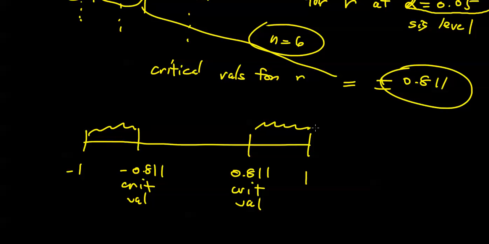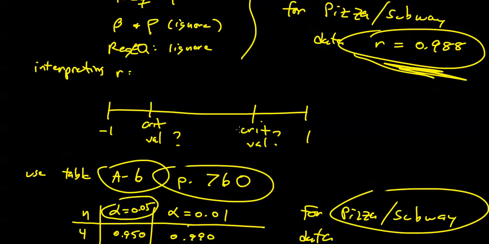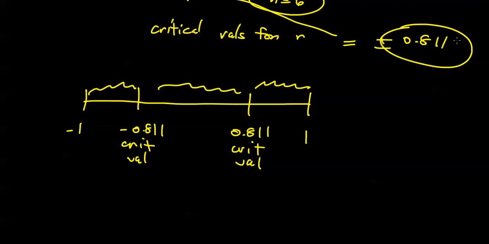If you're in this region, you've got a strong positive correlation. And if you're in between, we claim there is no significant correlation. If you'll recall, your R value here for this data was 0.988. So what I'm going to do is draw what I call a verdict arrow.